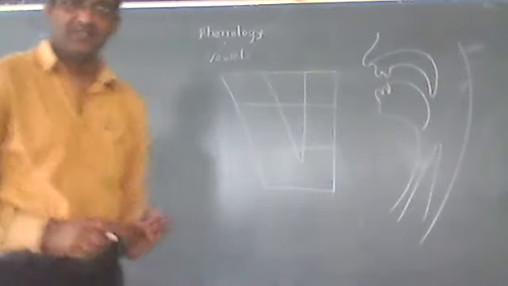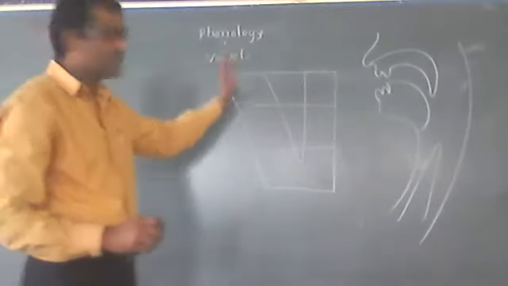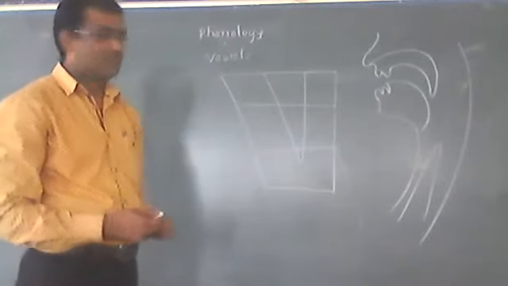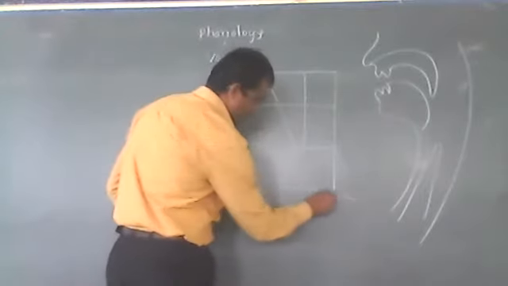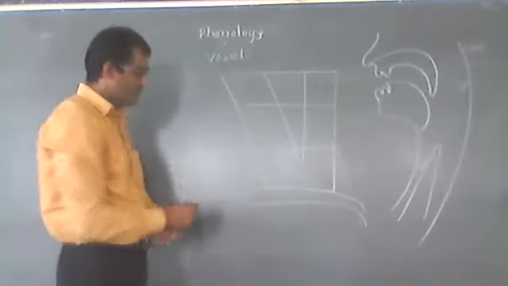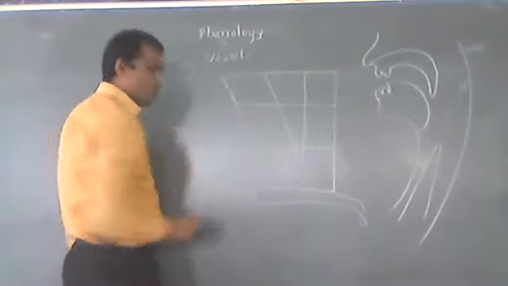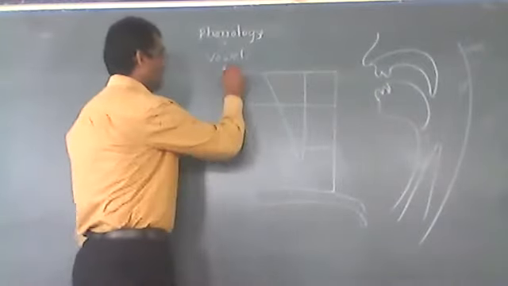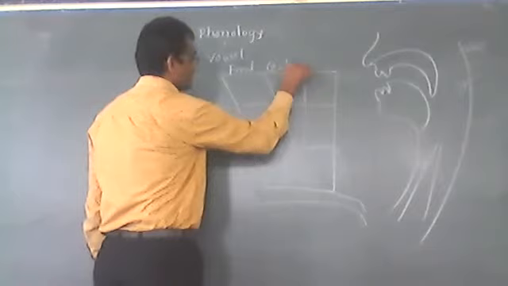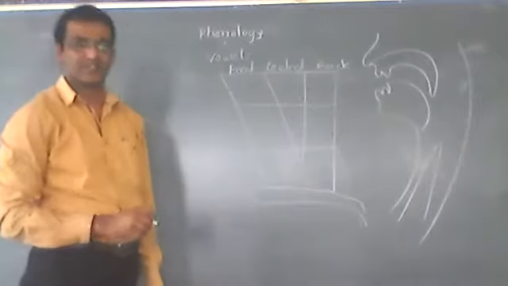As we have seen, the sounds that we can find here are categorized as per the place of articulation. This is our tongue. As per the parts of the tongue, we can categorize them as front, this is the central part of the tongue, and this is the back part of the tongue.